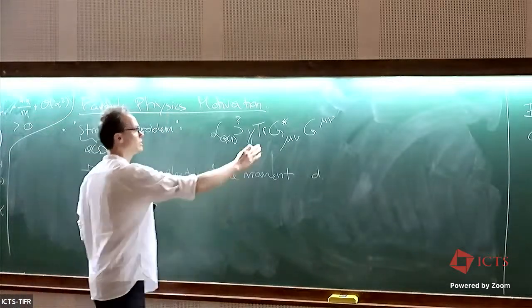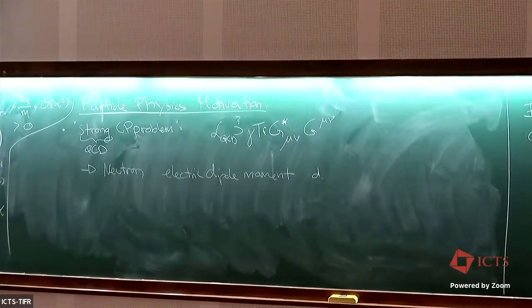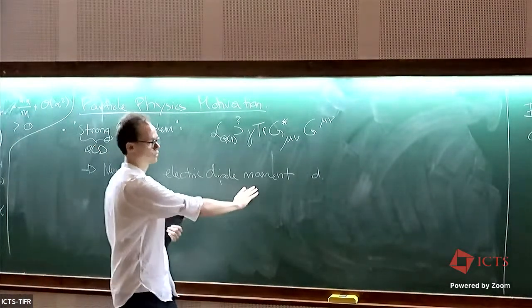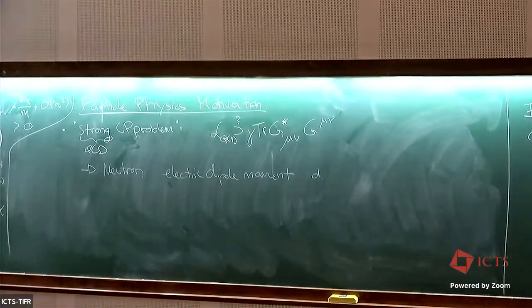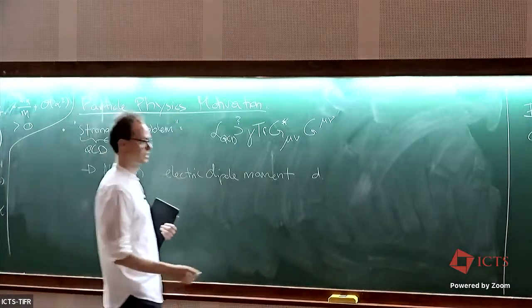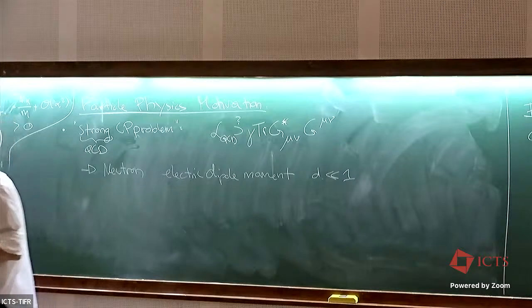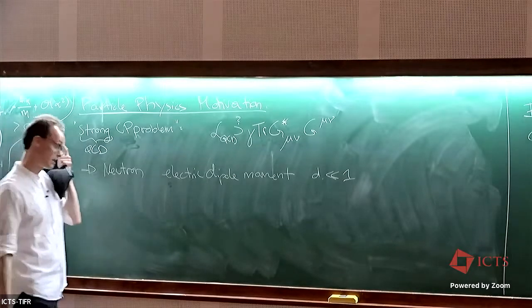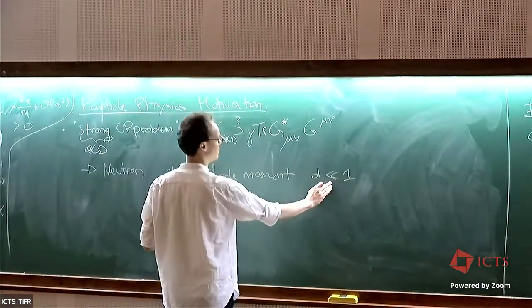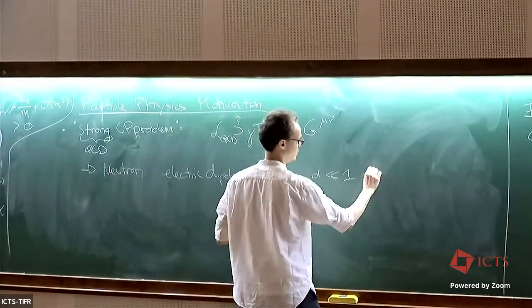So if this term is present in the Lagrangian of QCD, and therefore in the standard model, then any neutron should have some electric dipole moment. But the thing is, we can measure this electric dipole moment, and we know that this is very, very small. So currently, there exists some upper bound, but of course, we don't know the value. We just know that it is smaller than some upper bound. And because this is so small, this also implies that this coupling constant gamma must be very small.